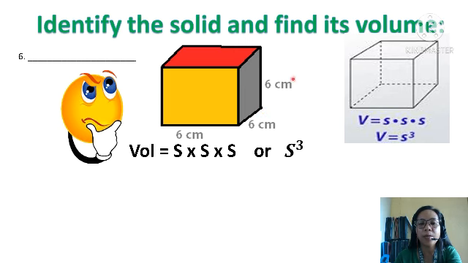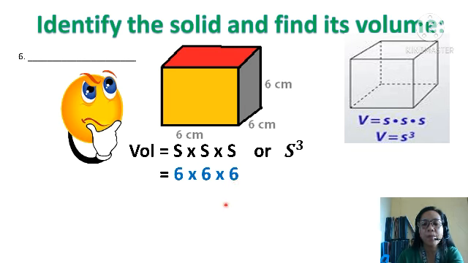Yung iba nalilito pa dyan kung saan kinukuha yung numbers. Okay? So, you have there the volume is equal to 6 times 6 times 6. Bakit 6 silang tatlo? Kasi tingnan mo dito sa drawing, ang sukat niya ay puro 6. Kaya, ang isulat mo dyan, sa length 6, sa width 6, sa height 6.